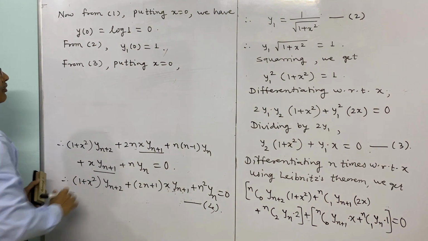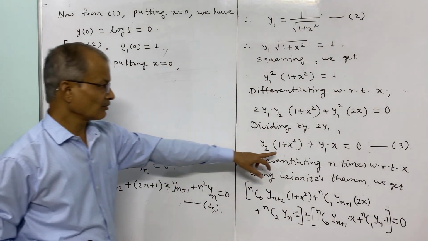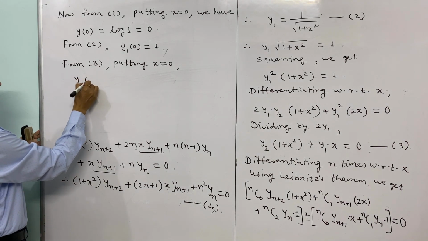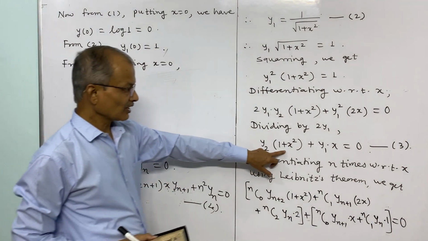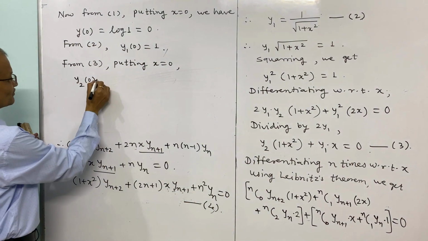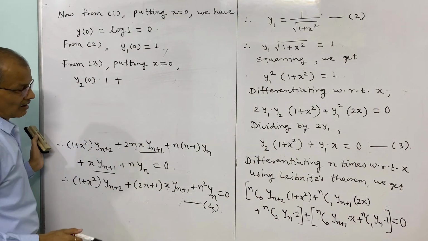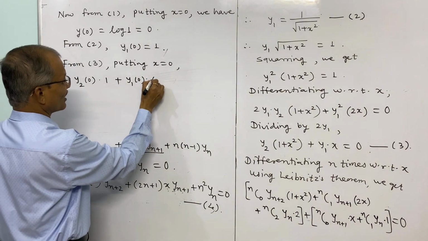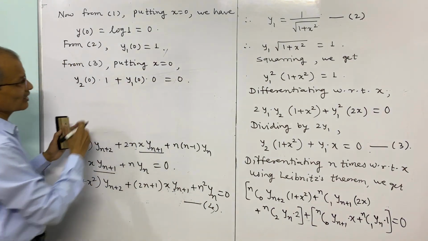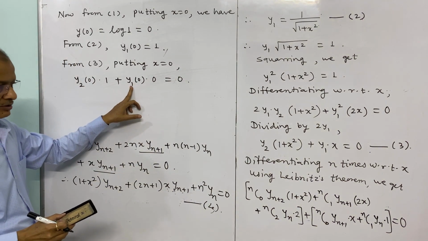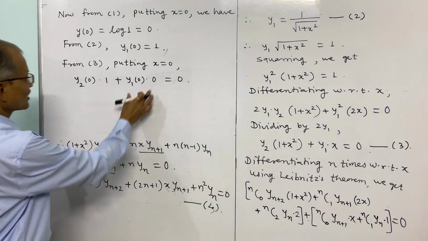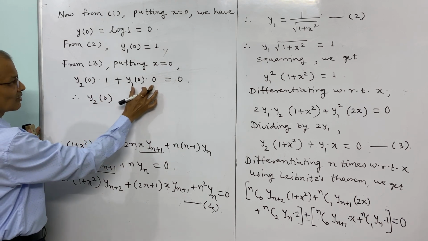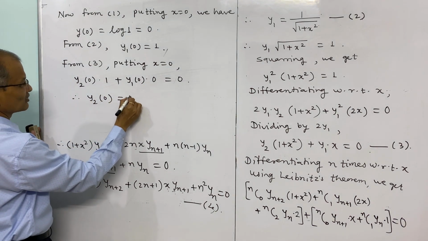Putting x is equal to 0 in the third, what we shall get is y2 at 0 into 1 plus 0 square, that is 1, plus y1 at 0 into 0 is equal to 0. Remember, this is not y1 into 0, it is y1 of 0 and x is 0. So this term vanishes, and what we get is y2 at 0 is equal to 0.